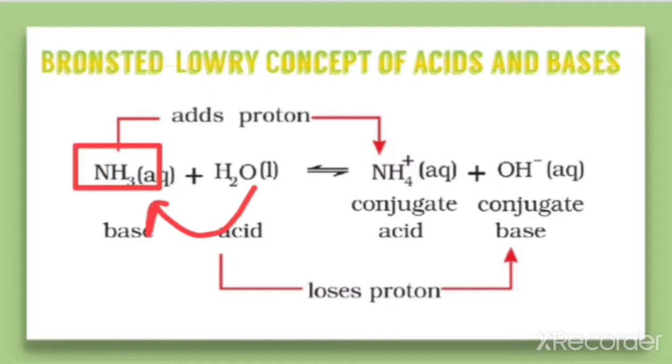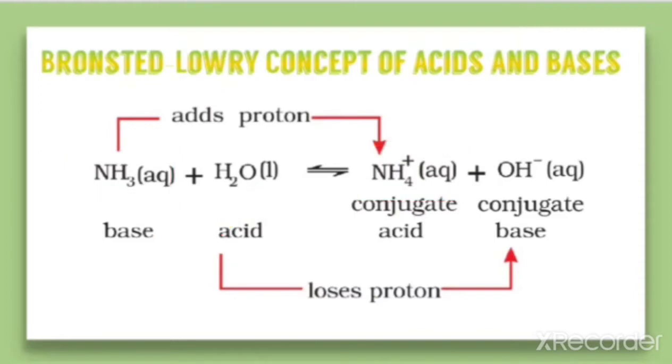That means ammonia is an acceptor of proton, so we can call it a base. After accepting the H plus ion, it turns to NH4 positive, that is a conjugate acid. So just add one proton to NH3 to form NH4 plus.